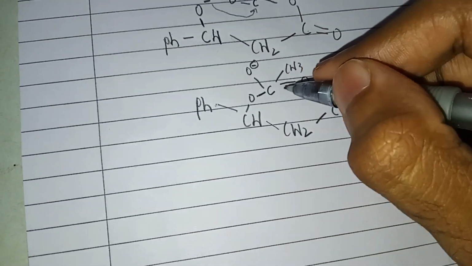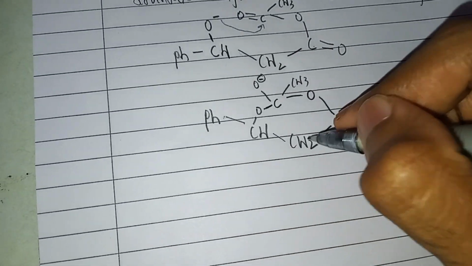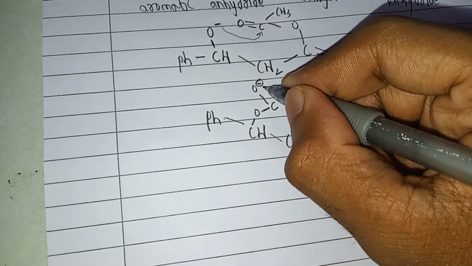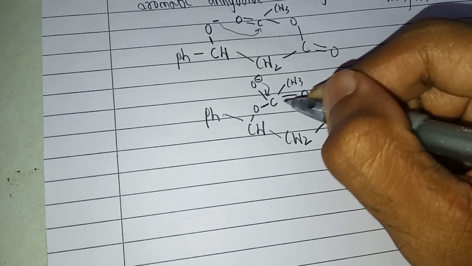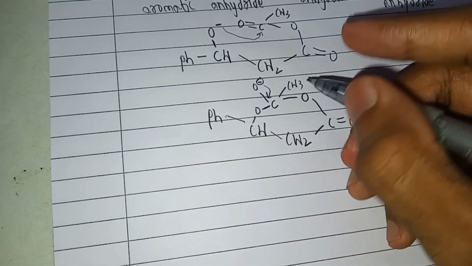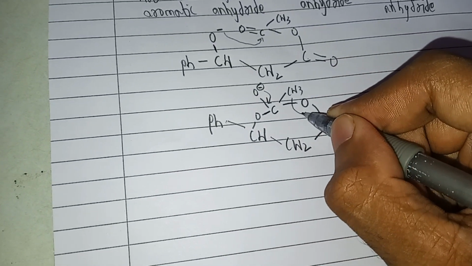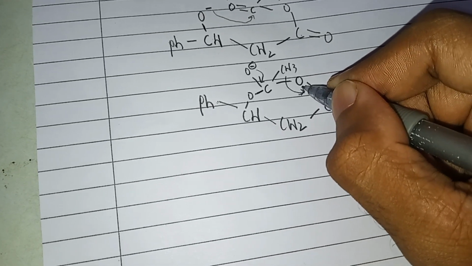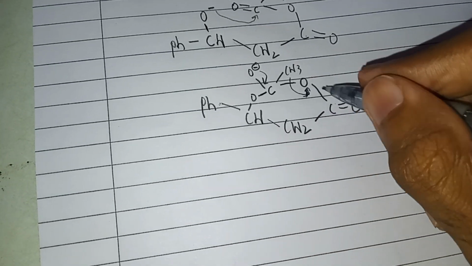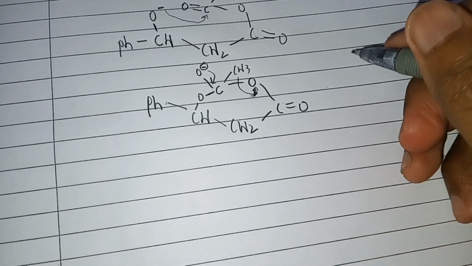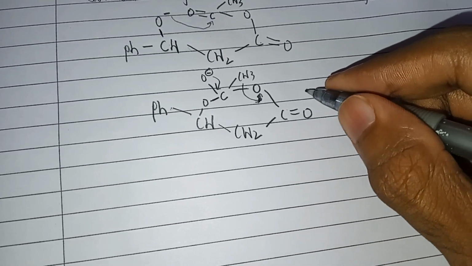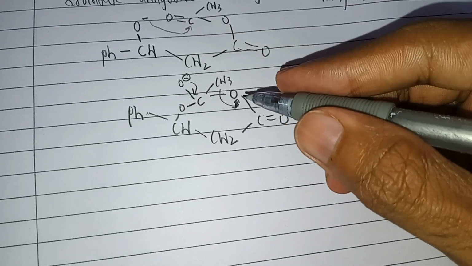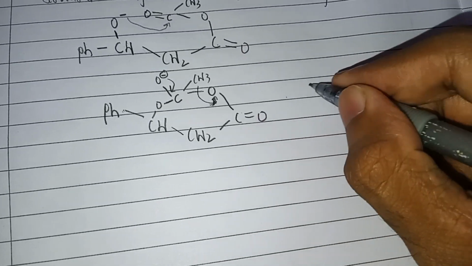Now this is a 6-membered ring, 1, 2, 3, 4, 5, 6, and this O negative charge will now come downwards, and now you have to decide which bond will break. So of course this bond will break. This bond will come on this oxygen, because COO minus will show equal resonating structures, and it is more stable compared to the other where there is no stability.